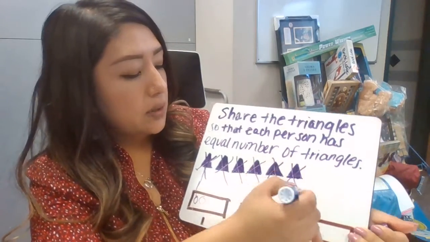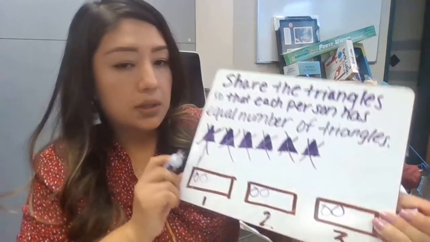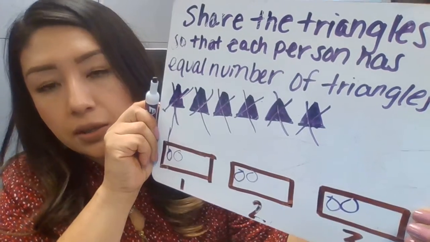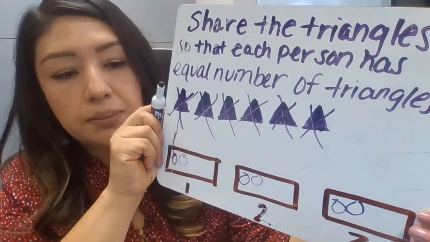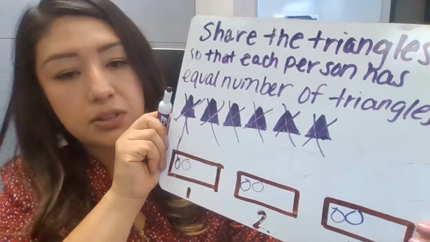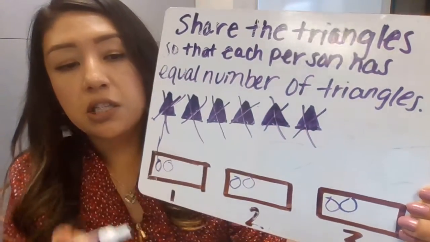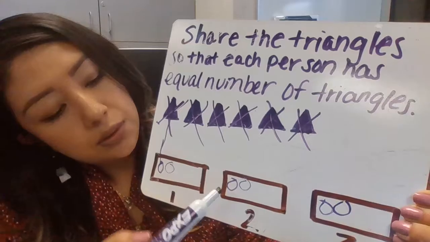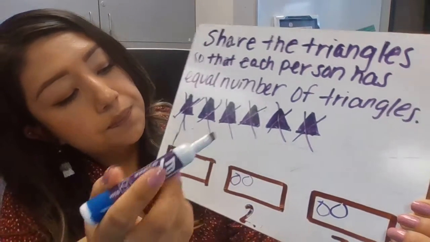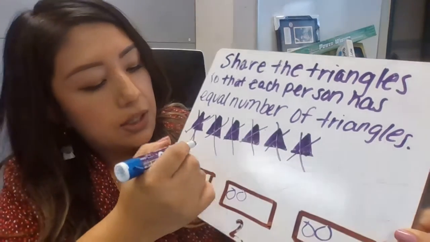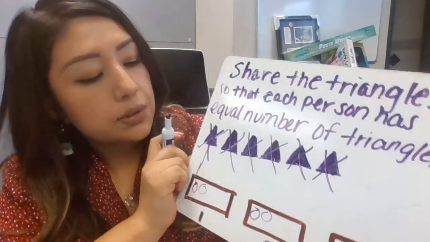And the last triangle, I will move over to the last person's spot. Again, I didn't draw the triangles because it's going to take some time, so that's why I'm just drawing circles. But as you can see, each person has 1, 2, 1, 2, 1, 2. So the answer for this would be each person gets 2 triangles.